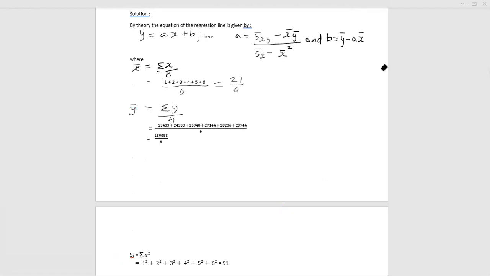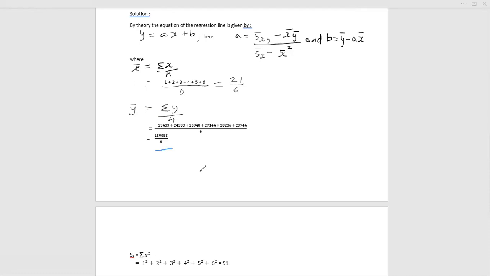Now we end up getting y bar, this number. Right? I did not simplify this. I'm gonna substitute it in the final formula as it is, otherwise we have to simplify many times.